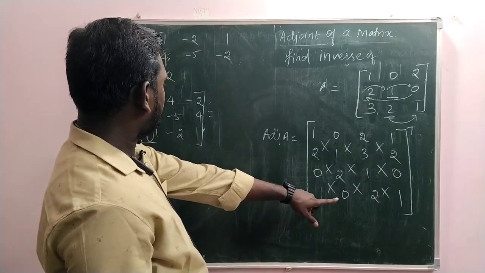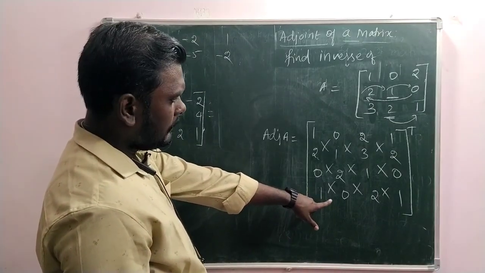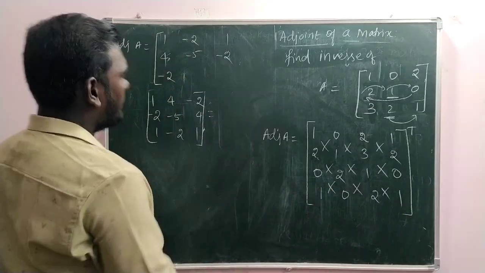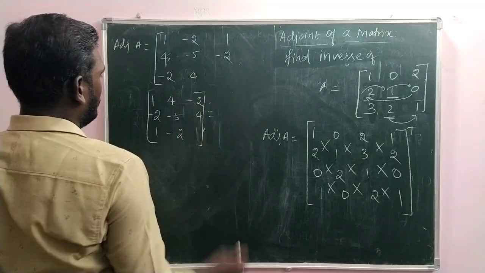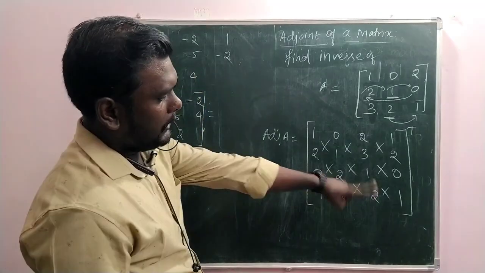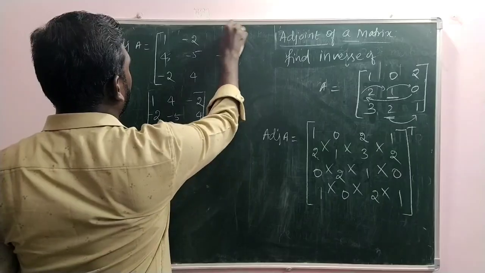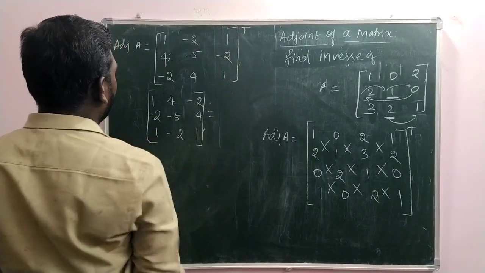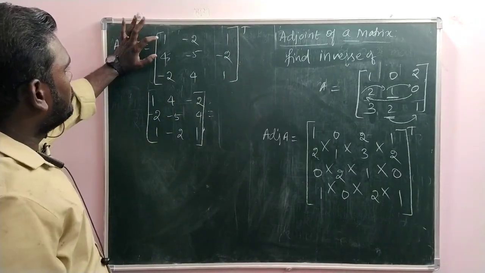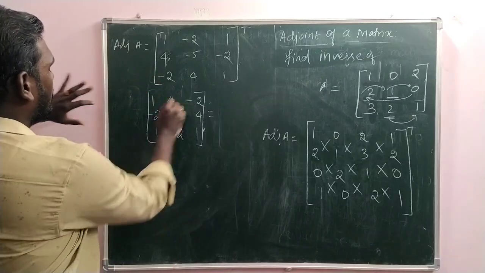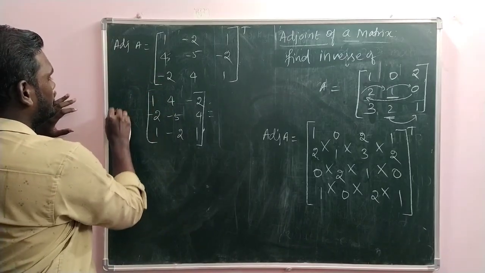And this one, 4 minus 0, plus 4. And again 1 minus 0, plus 1. Apply the transpose. When you apply the transpose, 1, 4, minus 2 is the first column, so I mean the first row, right?